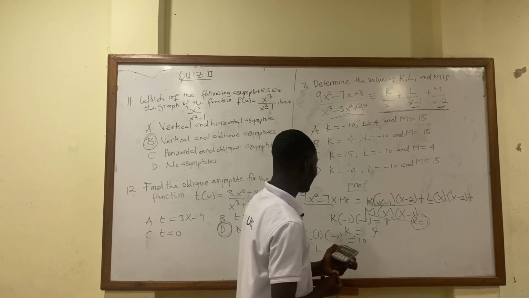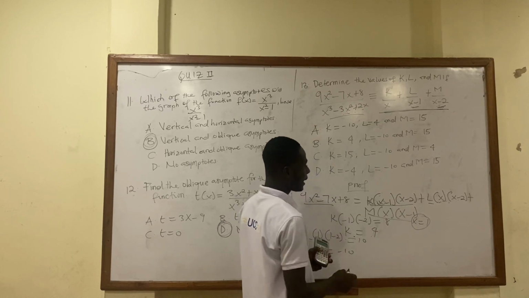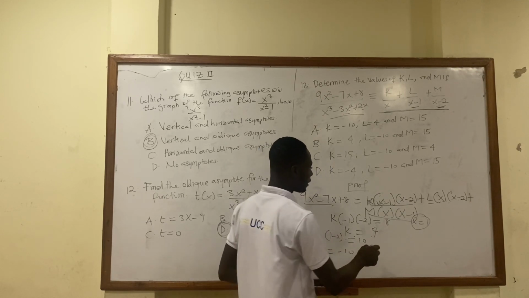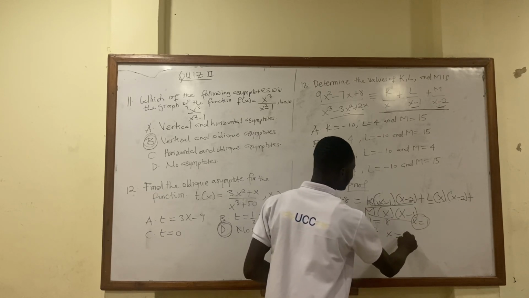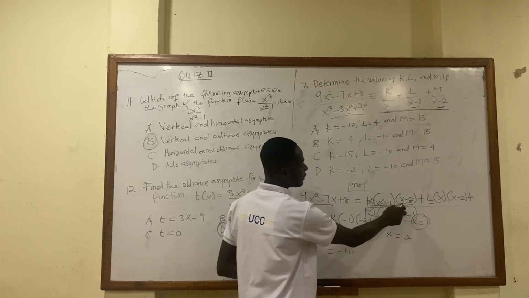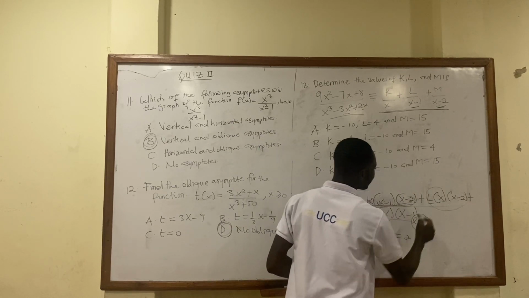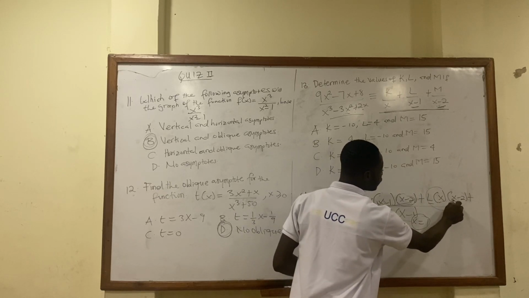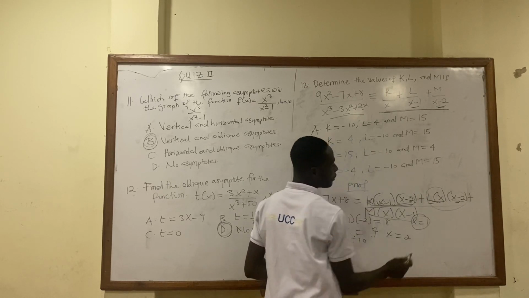All right, and then our m, when x is equal to 2, we put it inside. When we put x equals 2 into this expression, this part will go to 0, this part will also go to 0, because 2 minus 2 is 0, so 0 times whatever over here will be 0.